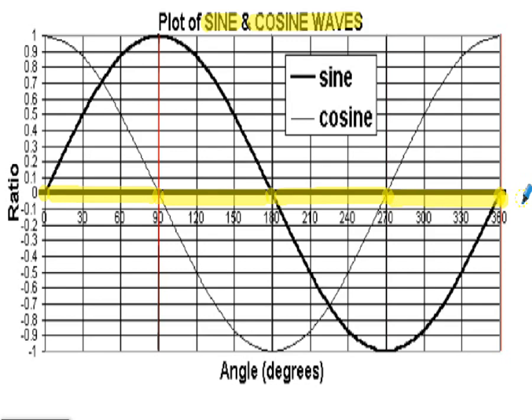What you notice in the first quadrant for the sine and cosine waveform is that they are both positive values of the ratio. They are above the x-axis, if you like. When we go into the second quadrant, the sine waveform is still positive in this quadrant, but the cosine waveform has now become a negative value in this quadrant, or the ratios are negative.